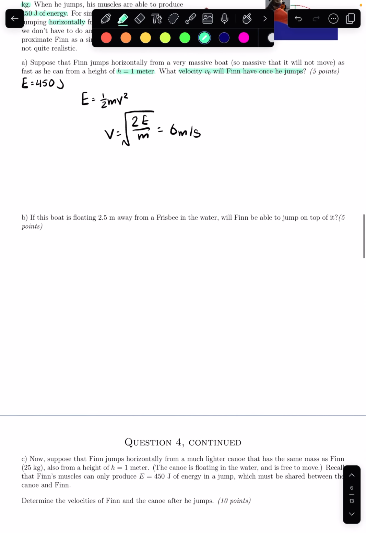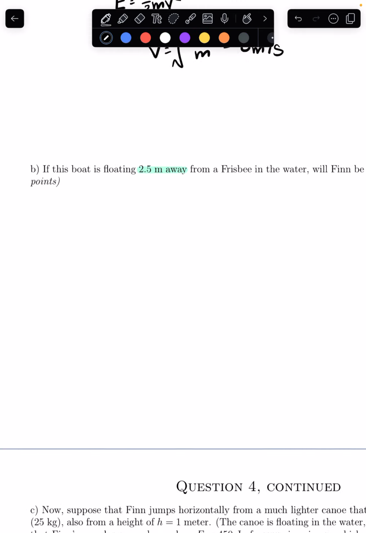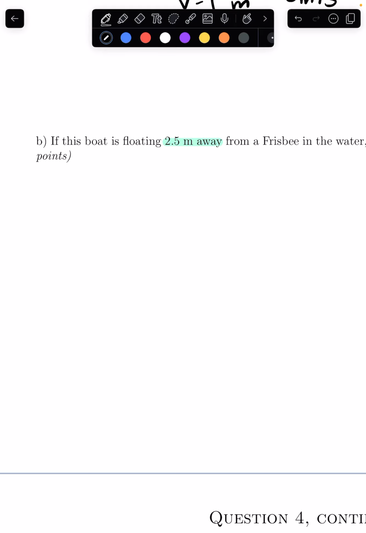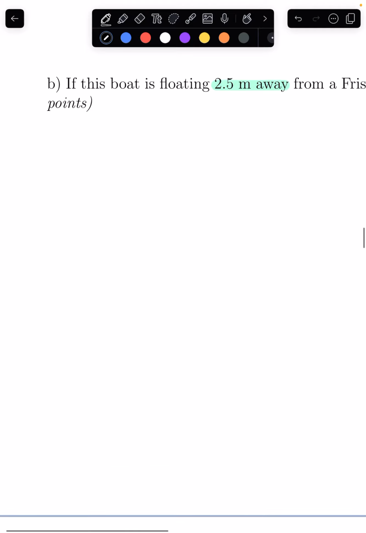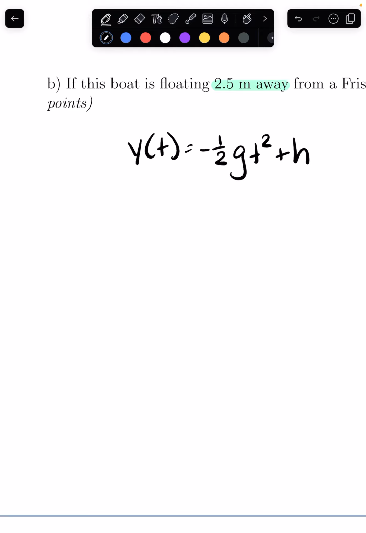Cool. For our next part, the boat is floating that far away, and we're wondering if he's going to be able to make it. These are like our old kinematic equations that we used to do. So the first thing we want to do is solve for our time. We have all the information we need for our y direction. We have that y of t is equal to negative 1/2 g t squared plus h.